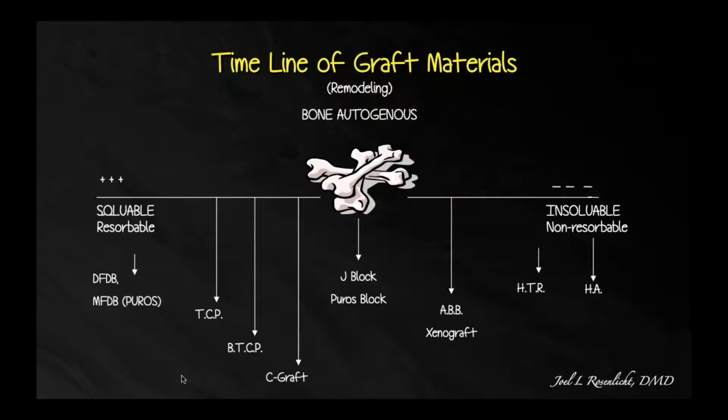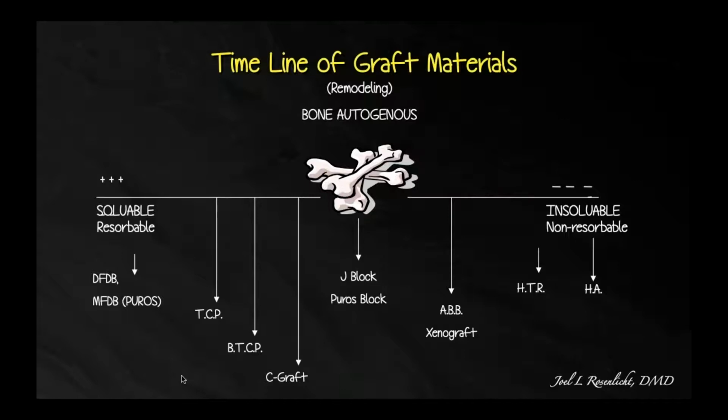There are other graft materials that we have on the market, Ceresorb and some of the other materials that we have. And then we have autogenous bone that might be harvested from our own patients, or we have allogeneic bone, such as J block or Puros blocks that are from other human cadavers that are similar to autogenous bone but are processed.